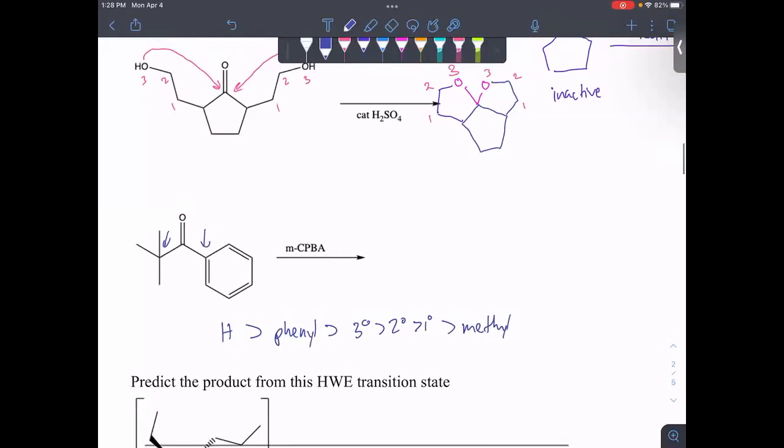So keeping that order in mind, which side does the oxygen add? Right side. It's going to add between the carbonyl and the phenyl.